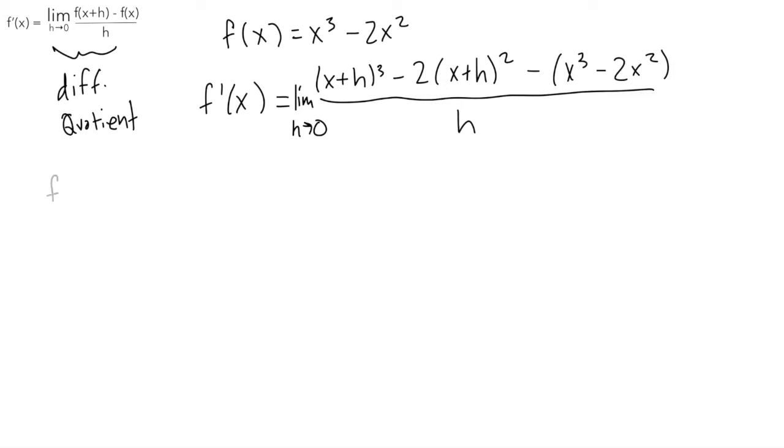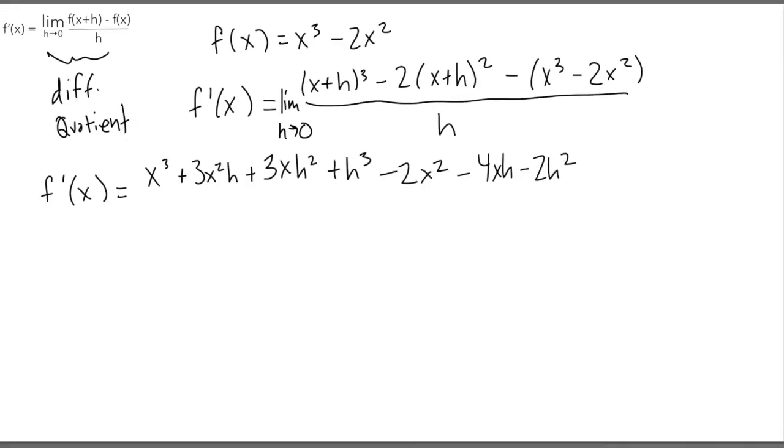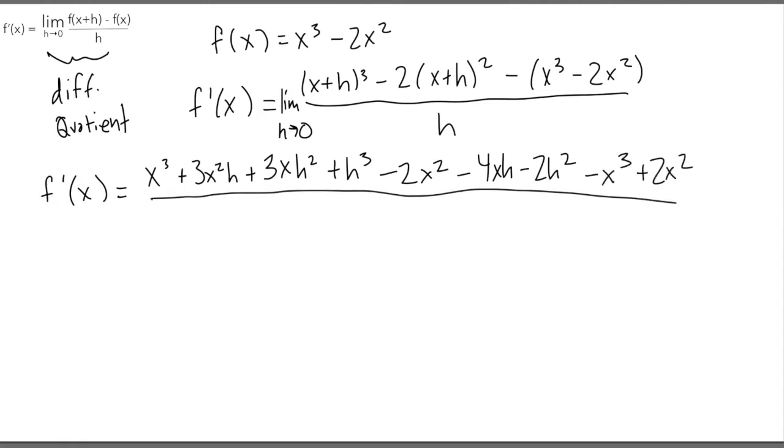This then gets expanded to f prime of x equals x plus h cubed minus 2 times x plus h squared, and then minus the quantity x cubed minus 2x squared, which is just minus x cubed plus 2x squared. And this is, again, all over h.